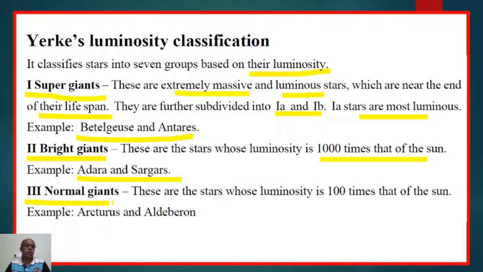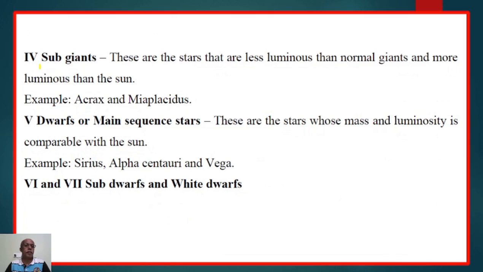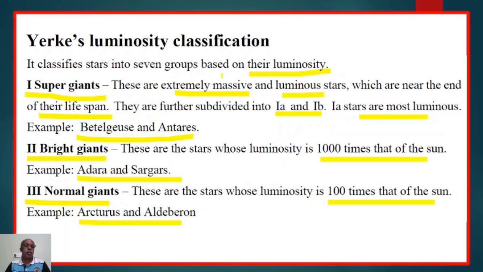These are the stars whose luminosity is 100 times the luminosity of the sun. And examples for normal giants are Arcturus and Aldebaran. Coming to the next classification, that is subgiants. The luminosity of subgiants is larger than that of the sun and lesser than that of the previous one, that is normal giants.